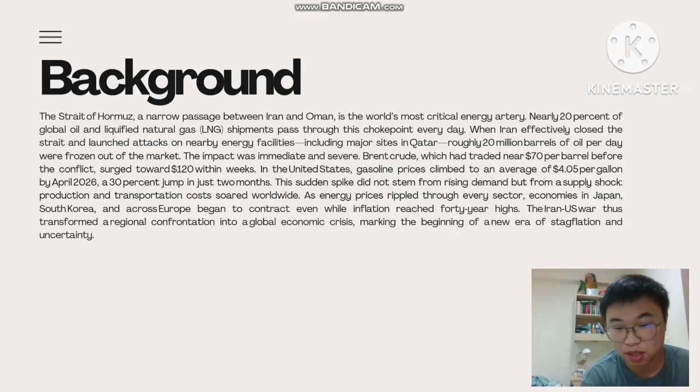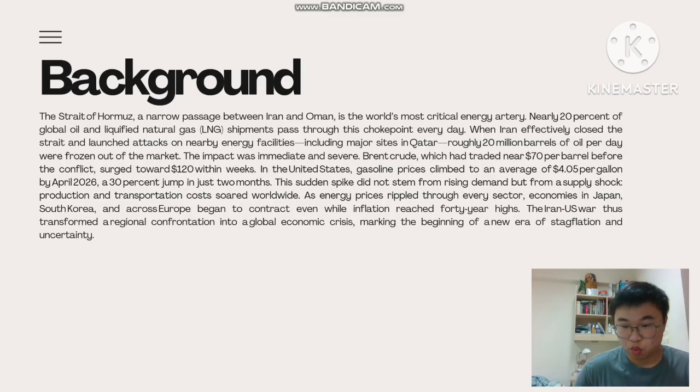As we can see, the energy price rippled through every sector in economies in Japan, South Korea, and across Europe and other countries around the world. These economies began to contract even while inflation reached a 40-year high.